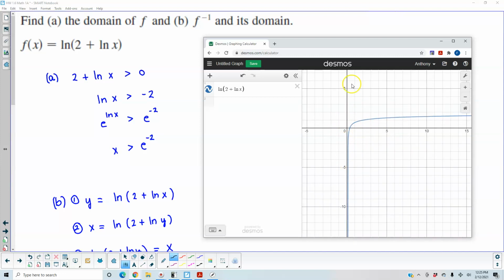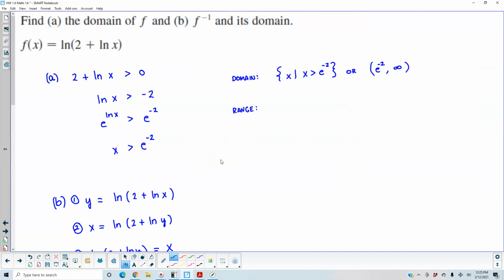So that means you can put in any number into this function for the range. So the range is the y values, where y can be all real numbers. Or we know it can go from negative infinity to positive infinity.